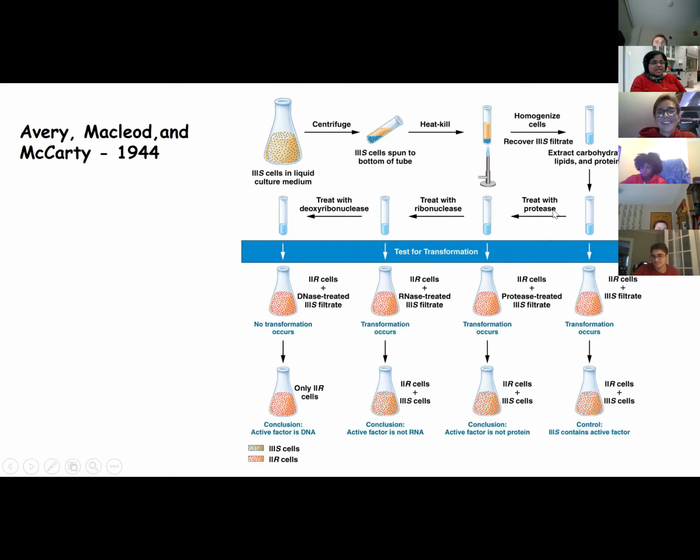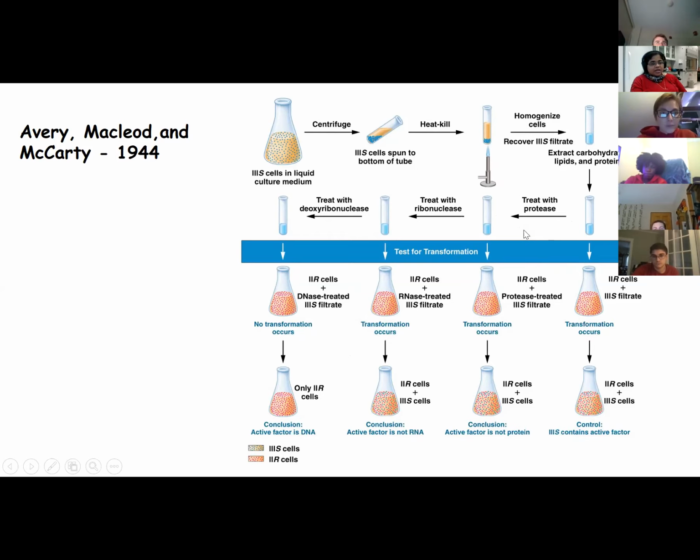Do you guys know what protease, ribonuclease, and deoxyribonuclease do? They cut up the molecules so that they're dysfunctional. Essentially they're breaking them down and making them non-functional. These are enzymes that digest them.